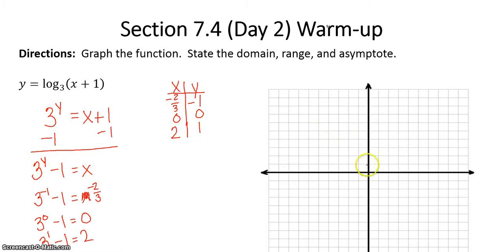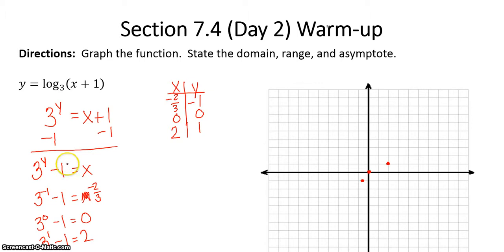So now let's graph. So -2/3, -1, about right there, 0, 0, and 2, 1. Okay, now remember that this is going to be an exponential on its side. And so to get the asymptote, once you put it in exponential form, this is your asymptote right here.